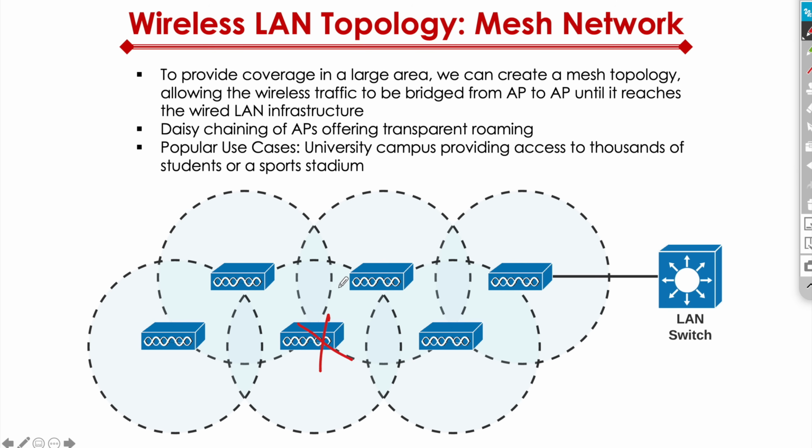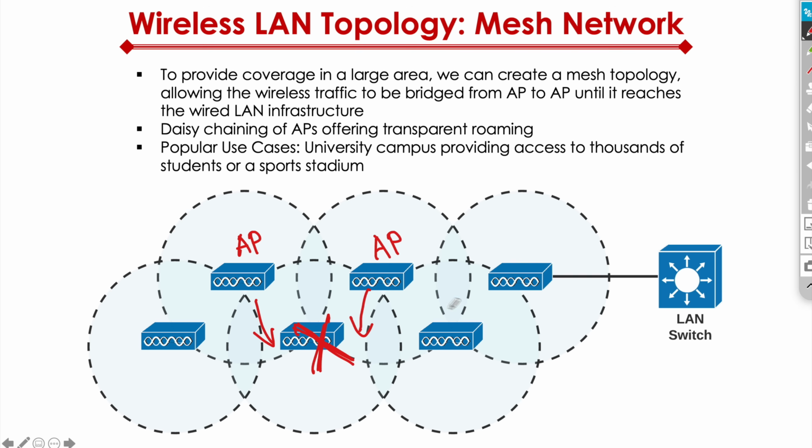If you're using a mesh network configuration, this access point right here and this access point right here are going to automatically increase the power transmission of their radio frequency, so the signal strength increases, and they're going to make up for the slack of this access point that just died on us.